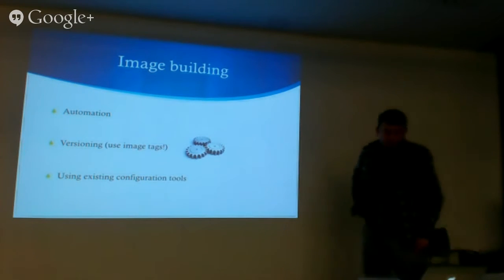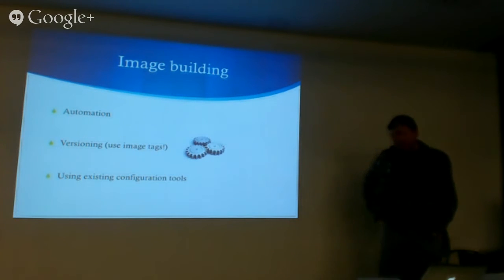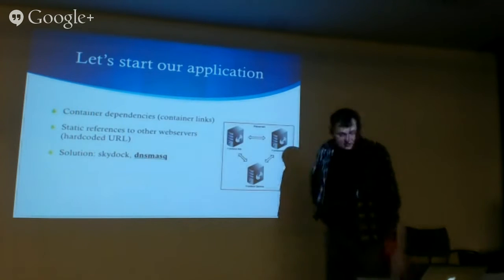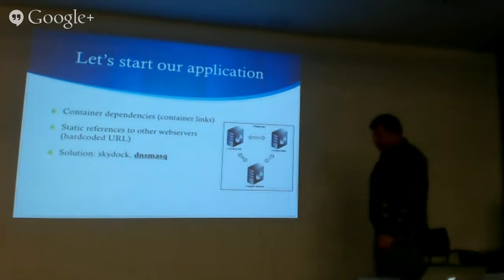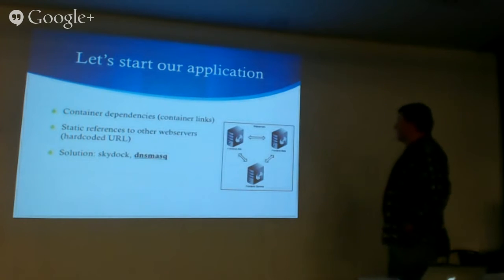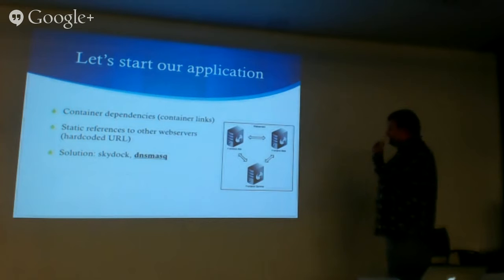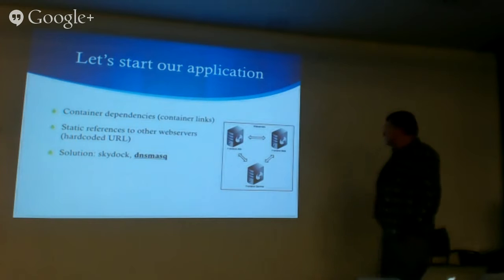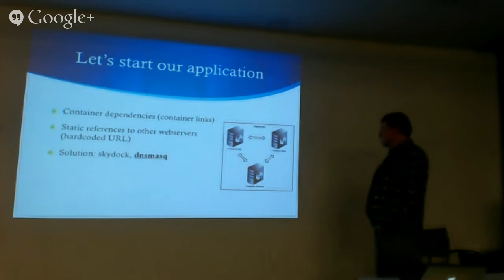Okay, when we have the image for our front-end applications, we have to try to start our application. In our case, of course, it wasn't simple at all, and we failed. The problem is container dependencies. I talked about this on the second slide, I think. As you can see on this slide, all containers depend on each other.